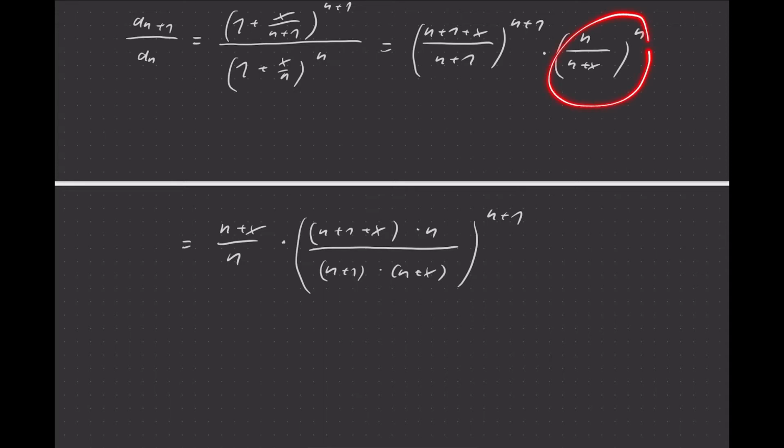We raise this to the power of n+1, divide by this expression to make up for that, and then write this and that in one fraction raised to the power of n+1 for all factors.